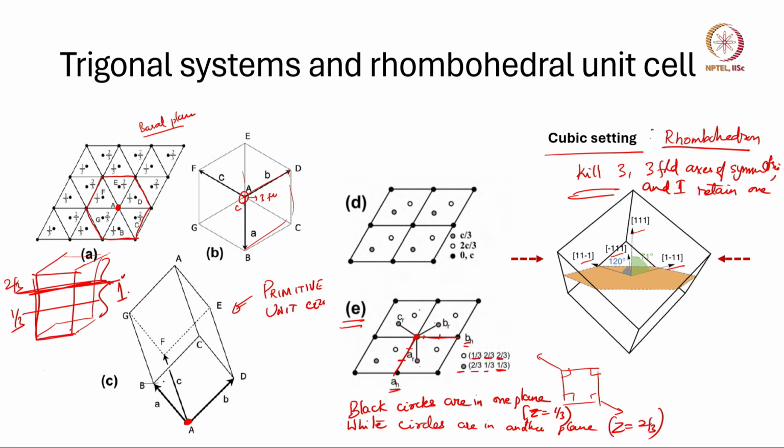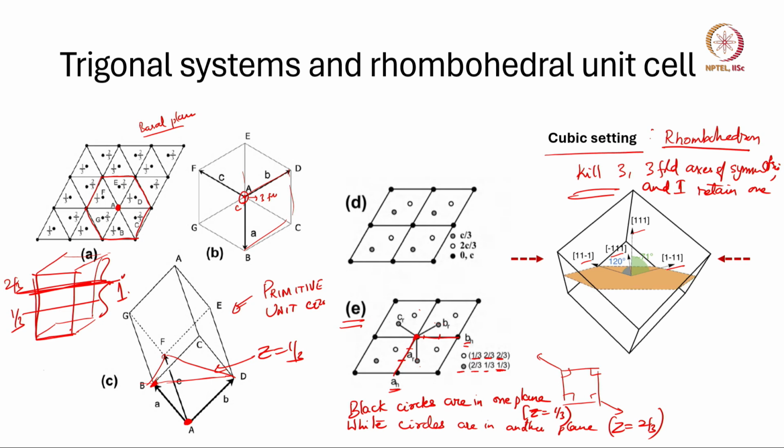So this is the 1/3 plane, the B, D and F, right. These are all the lattice points at Z equal to 1/3. So B, D and F, correct.